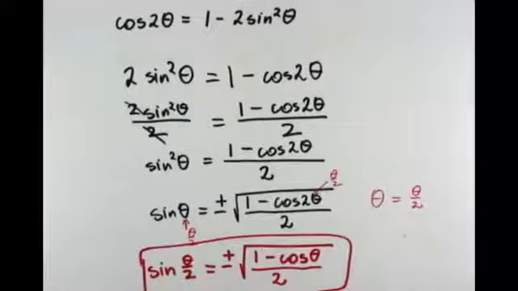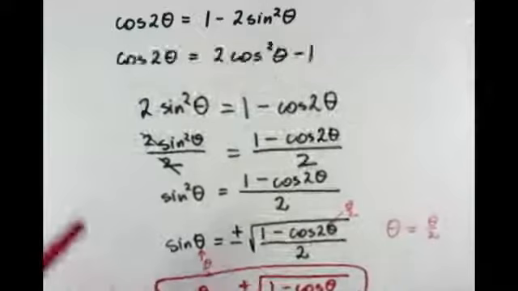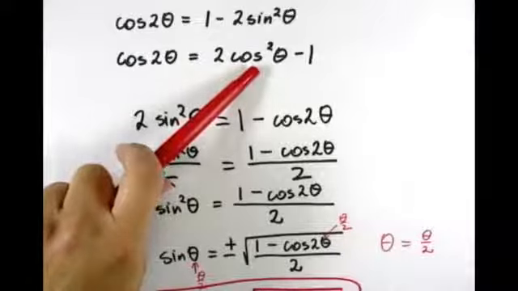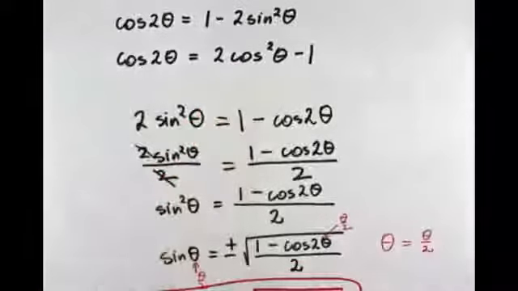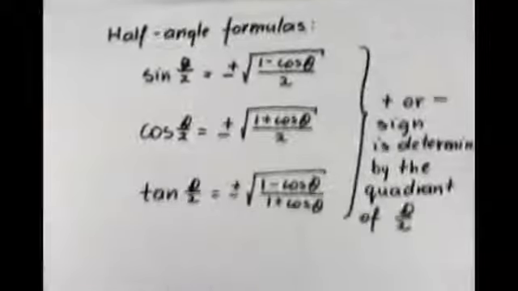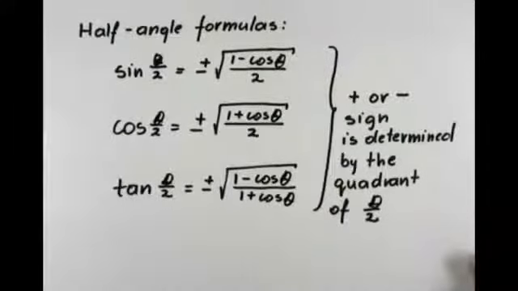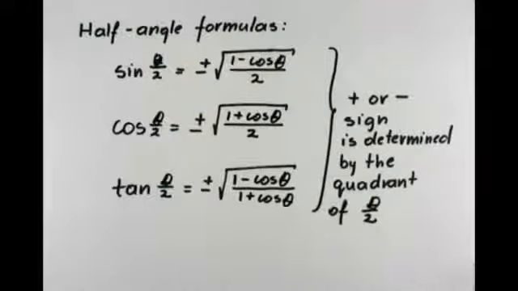Exactly the same way we can derive the formula for half theta using the cos. Solve for cos from this one, rearrange the formula, and we get the other formula. So we have the half angle formulae: sine theta over 2 is plus or minus square root of 1 minus cos theta over 2.